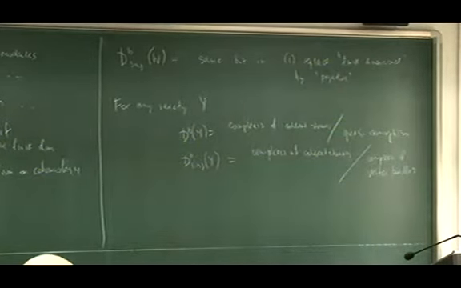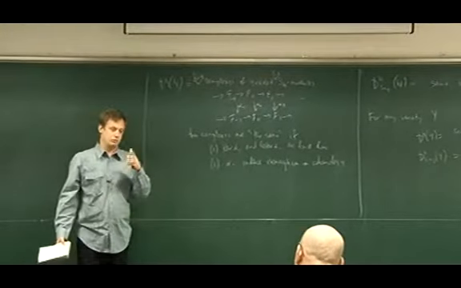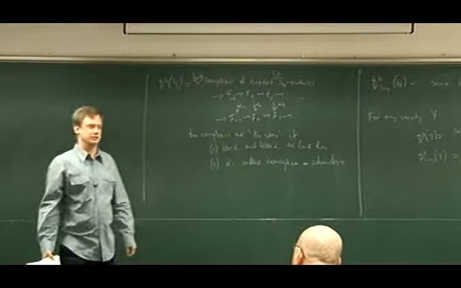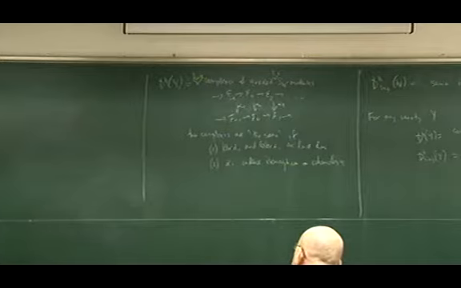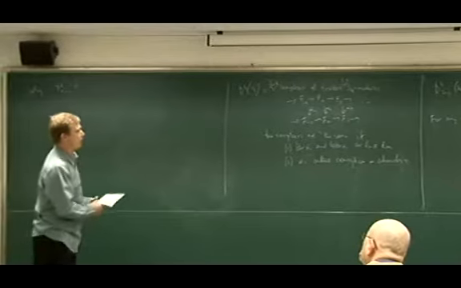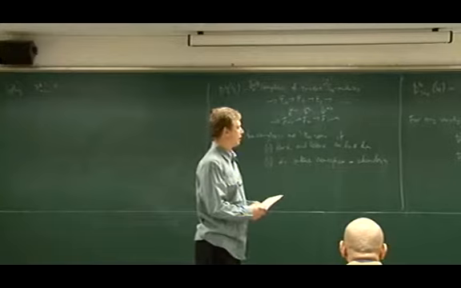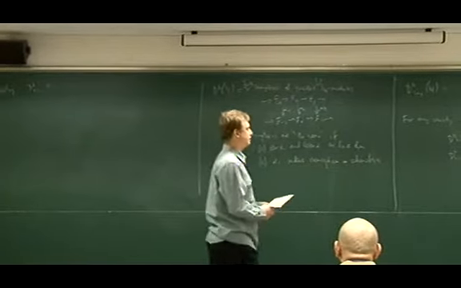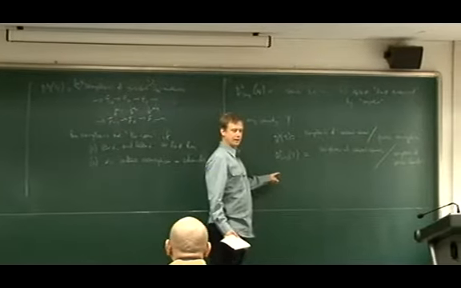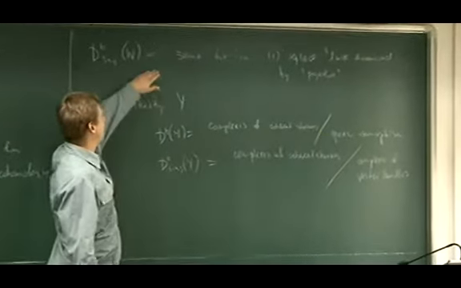Is it localization? Yeah, there is a construction of localization or quotients of categories, and this is a particular case. Is it just your definition, but replacing finite dimension by projective?